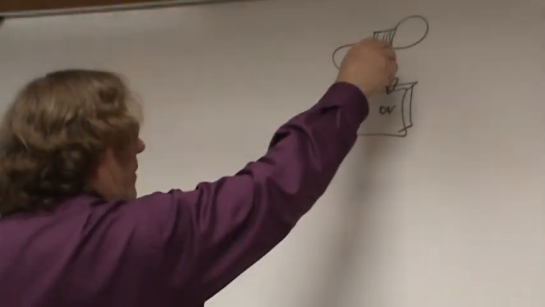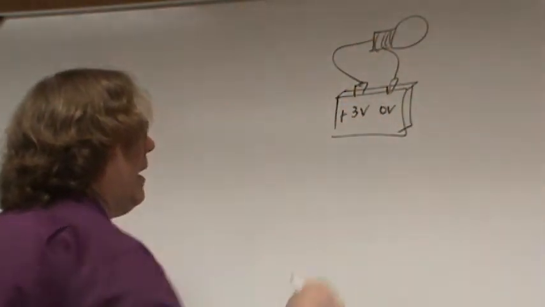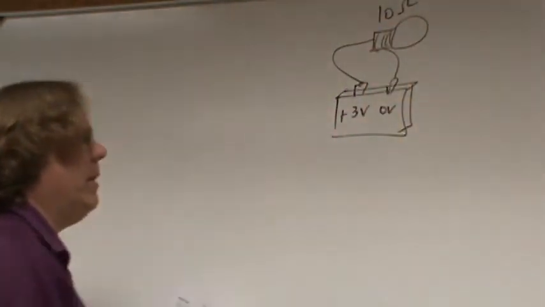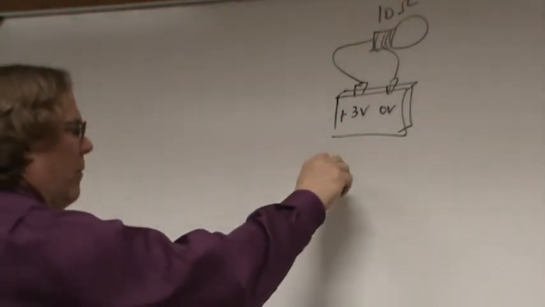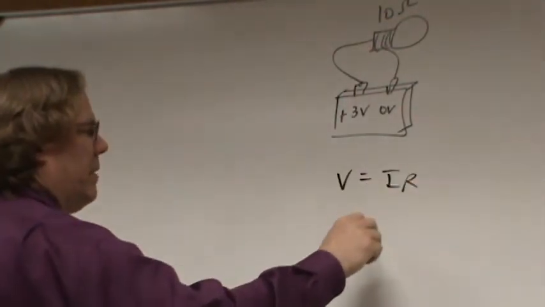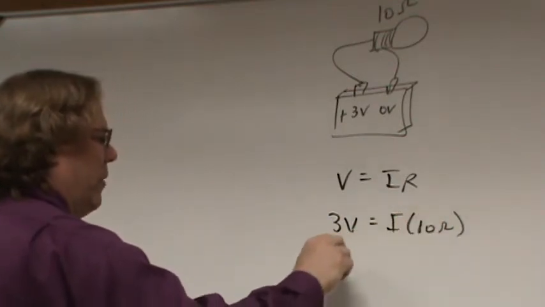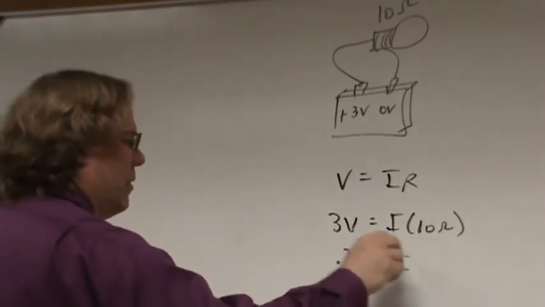So here's my light bulb, okay? And it is a 10 ohm light bulb, and it's attached across a 3-volt battery. And so right now, all you're doing is mindlessly plugging in, right? 3 volts equals I times 10 ohms, and so you get 0.3 amps equals current.